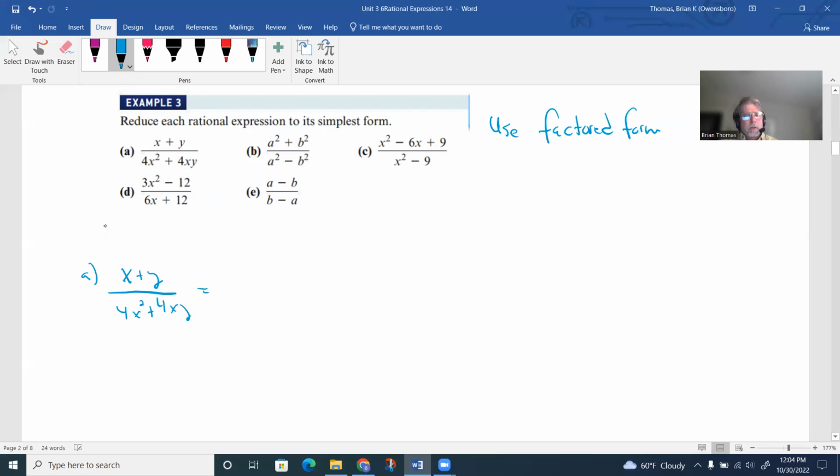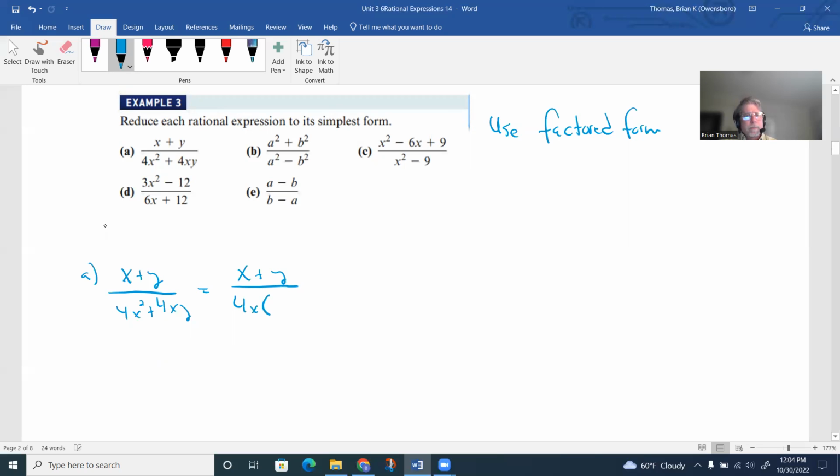So if we look at this problem, the x plus y is not factorable. If we look at the denominator, notice how they do have a common factor of 4. They also have an x in common. So I am allowed to pull out a 4 and an x.